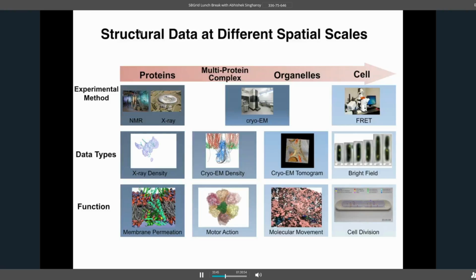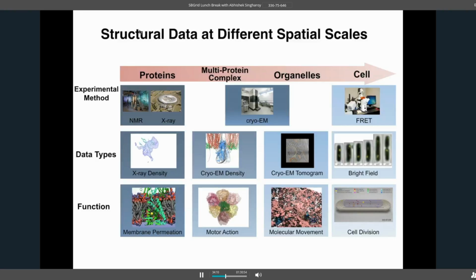What you see here on this slide is the type of experimental methods that are available, the data types that those methods provide, and the spatial scale at which this data is captured. So we have the NMR and the X-ray crystallography data, which gives you a very nice idea about the all-atom resolution of a structure, the secondary structure, the tertiary structure.